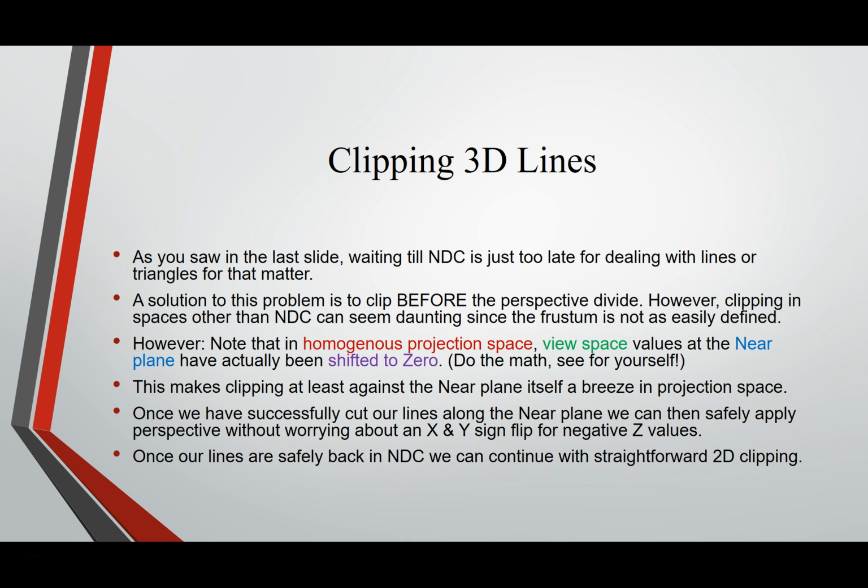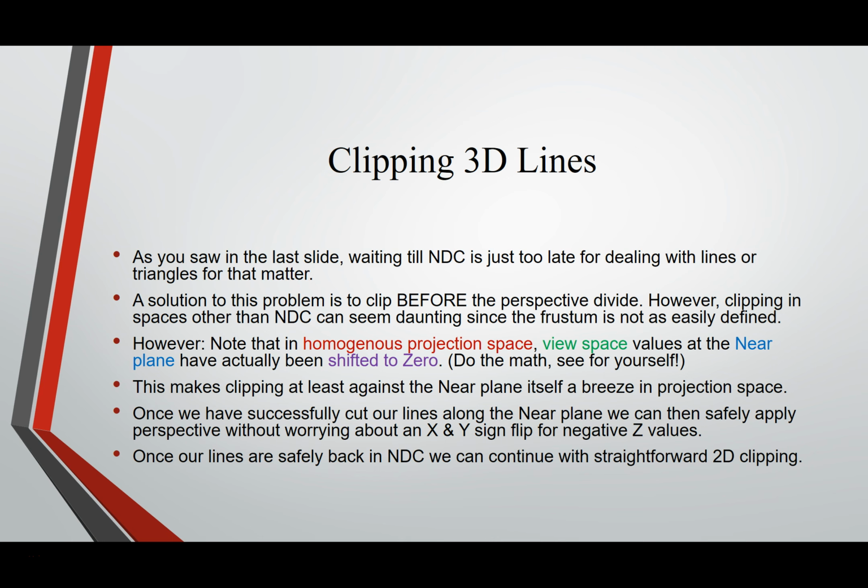That means homogeneous projection space is essentially the same as far as the near plane goes as NDC space. They're both at 0. Everything else is different, like the planes, and the far plane is, of course, the value of near minus far in projection space, but it's not 1. So everything else is quite a bit different here. But at least 0 in homogeneous projection space is still the near plane.